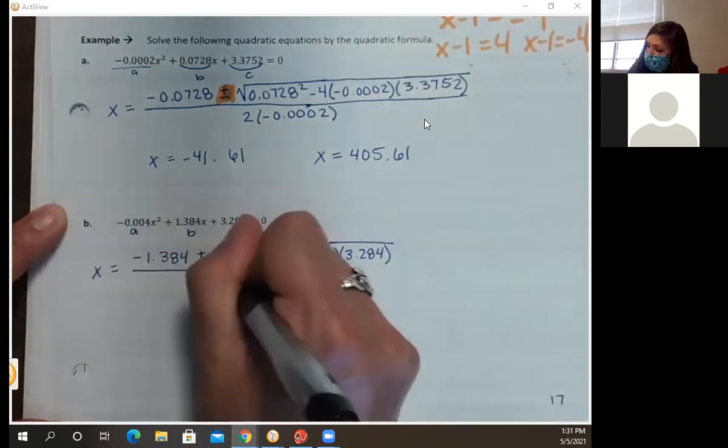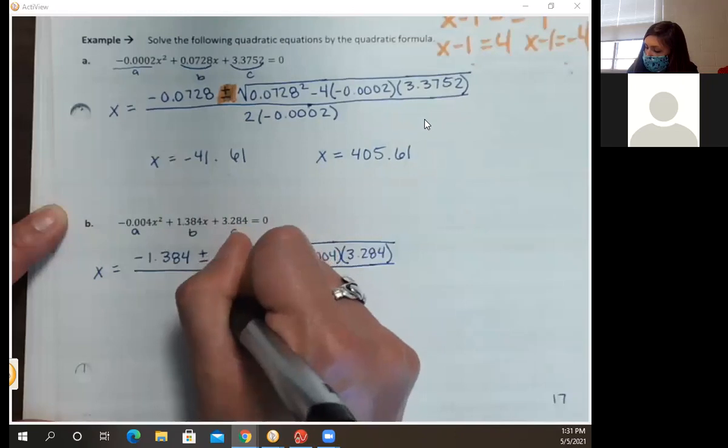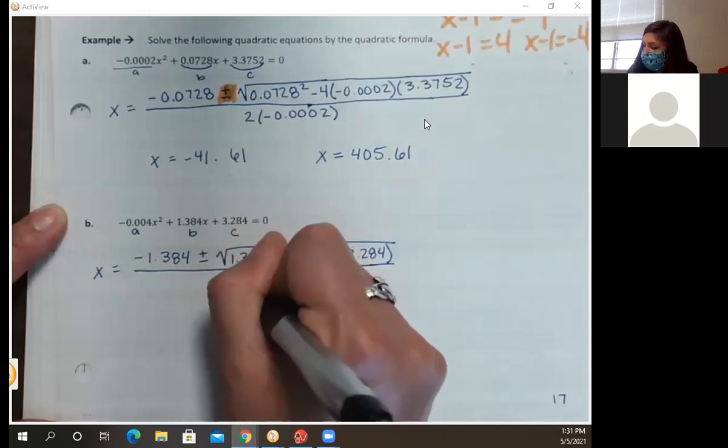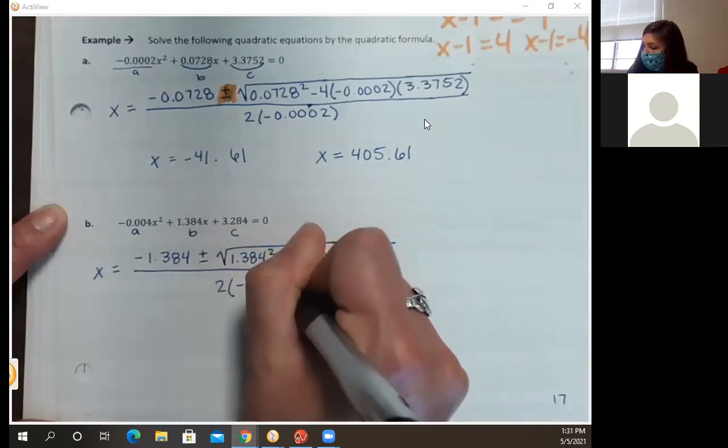And then all of this is over 2 times our A value, negative 0.004.